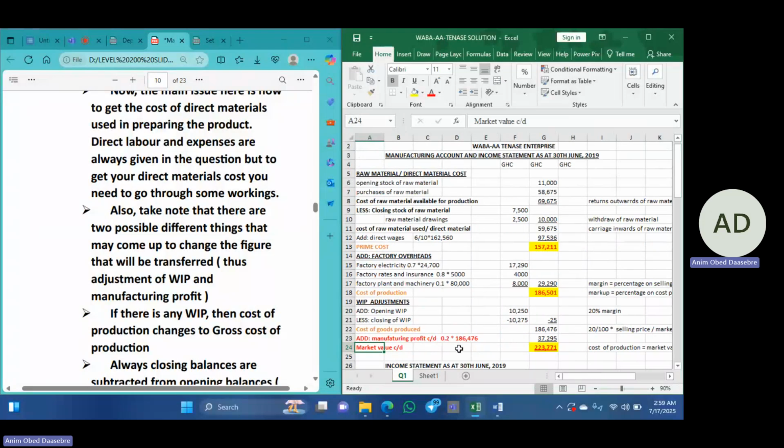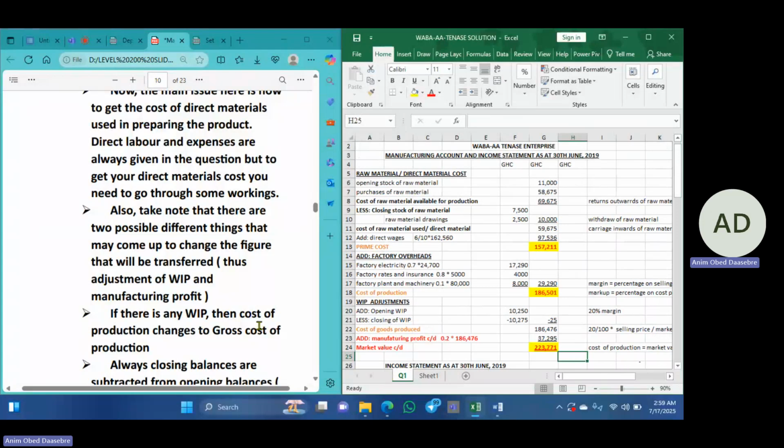After doing that, you represent it on the final accounts of the manufacturing account like this. You transfer the cost of goods produced, manufacturing profits, and then the market value into the next account, which is the income statement.